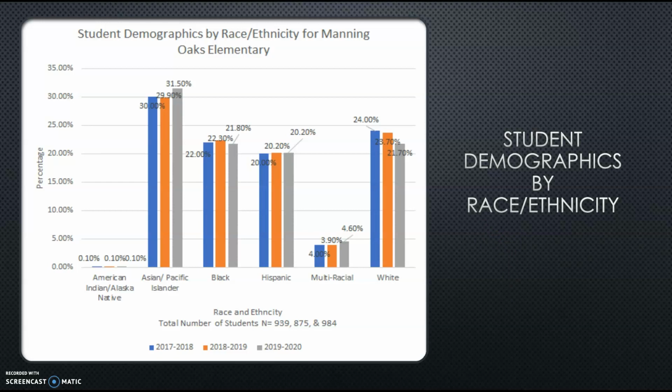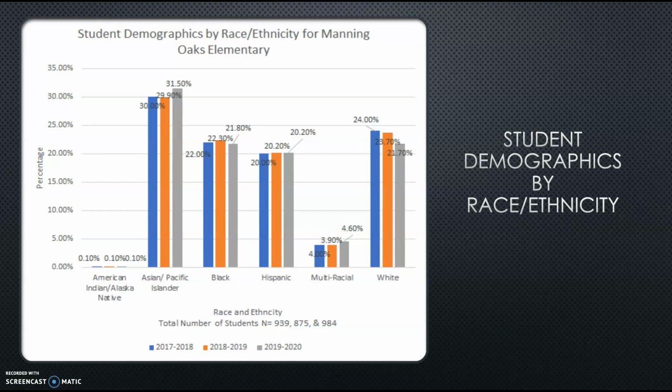As you can see, the graph accounts for student demographics from 2017 to 2018, 2018 to 2019, and 2019 to 2020. The race with the highest percentage in 2019 to 2020, which is the gray color, is the Asian and Pacific Islander category at 31.5%.